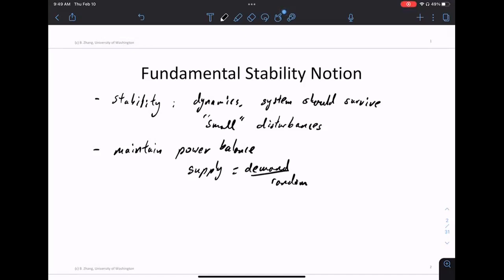The key difference in power is this. Let's say I want to track the demand. How do I know the value of the demand I'm trying to track? How does a generator, let's say 1,000 miles from here, know that I changed the demand in this room? That's where the difference from driving a car comes in. You can see the road, you know where you're trying to go. Here, how does the supply know?